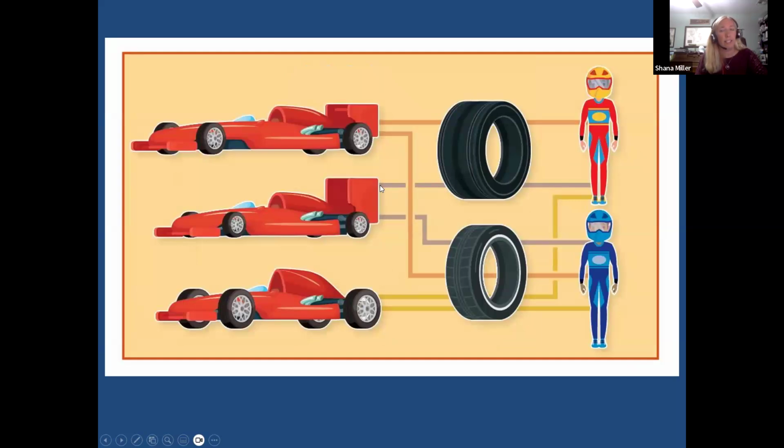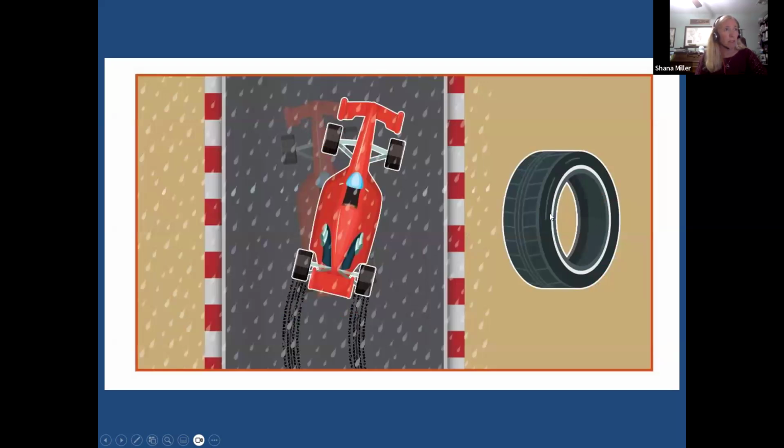When we look at designing our race car, we need to think about what kind of tires we want to have and what kind of driver we want to race our car. For example, this type of tire may not do well on a wet track in the rain.